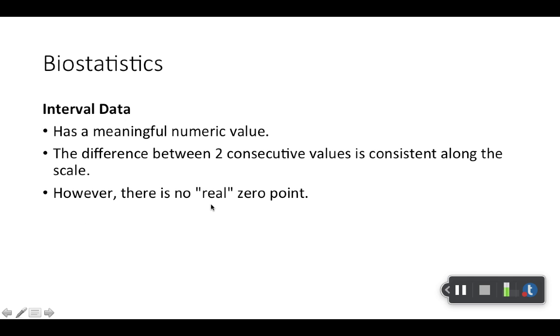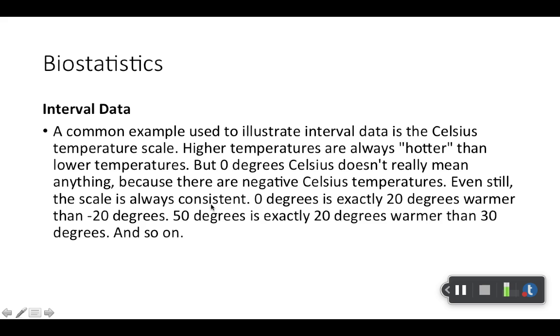However, there's no real 0 point. So this is like the Celsius temperature scale, or Fahrenheit. So higher temperatures are always hotter, but 0 degrees doesn't really mean anything because you can have negative numbers. So you can have a negative 20 degrees Celsius. So that's the kind of textbook example of interval data.